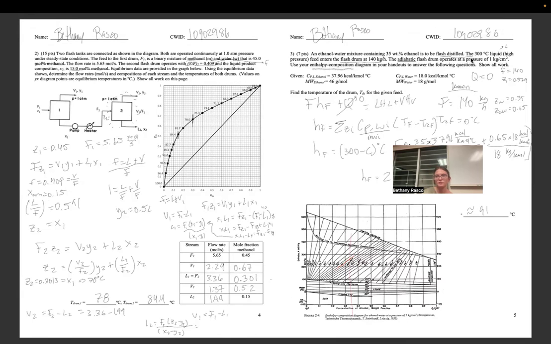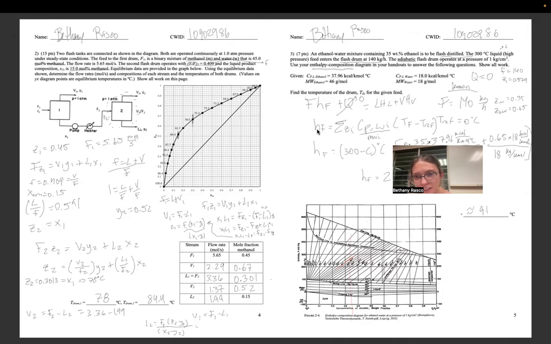Because it's a 300 liquid, that's really, really hot, but it's at high pressure, so you can see it's a liquid coming in. And then you can use the 1 kilogram basis because this is exactly what the diagram is asking. They're looking for the T drum, and you can find the T drum using the enthalpy of the feed via the HF here, because it should equal the LHL and HV.